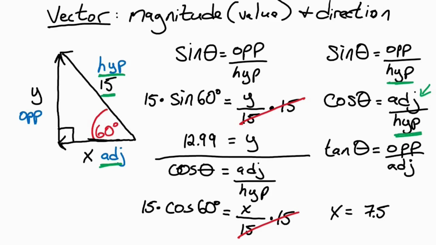Well, wait a minute. Why is it not perfect? Why is this answer good when we solved for y, but for solving for x, hey, you know what? This answer is good, but not perfect. Well, once again, consider the idea that these are the component vectors. So what does a vector have to do with? It has to do with magnitude and direction.